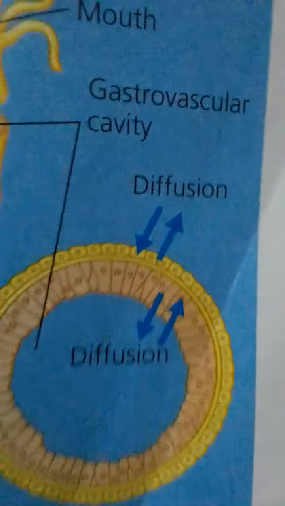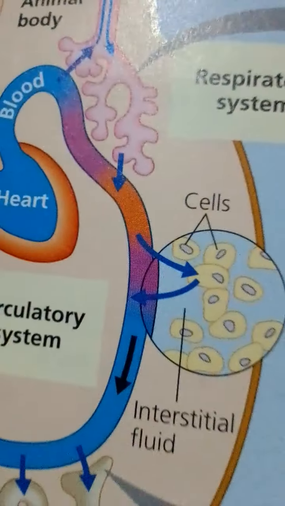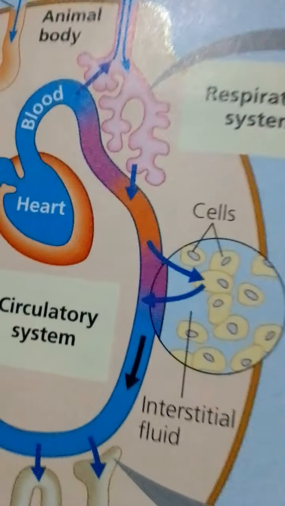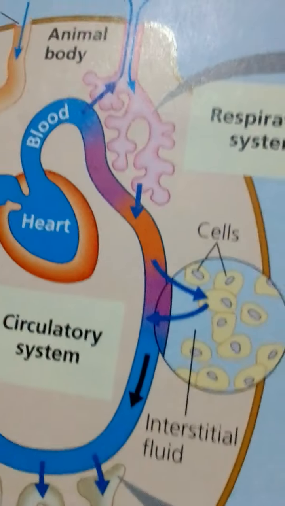A hydra, which has a sac-like body plan, has a body wall only two cell layers thick because its gastrovascular cavity opens to the exterior, so both the outer and inner layers of cells are bathed in water. A flat body shape is another design that maximizes exposure to the surrounding medium.